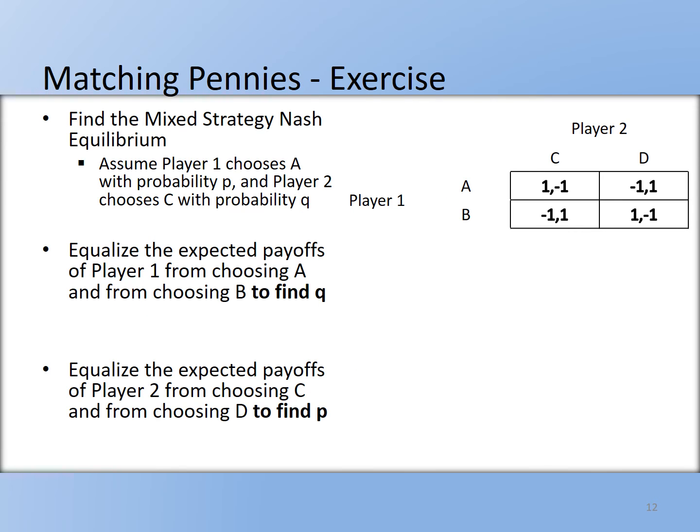So to solve a mixed strategy Nash equilibrium, you have to equalize the payoff of player 1 to find the probability of player 2.